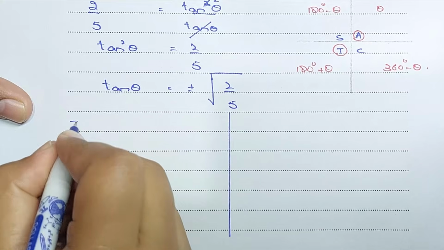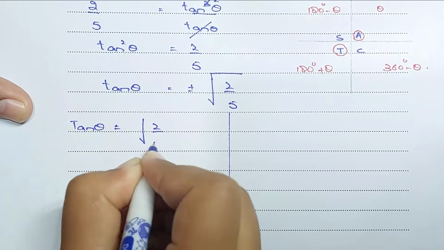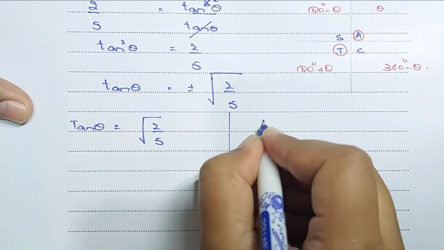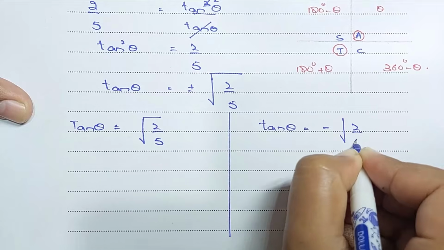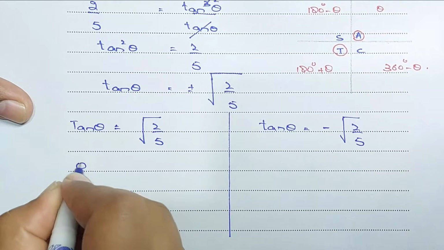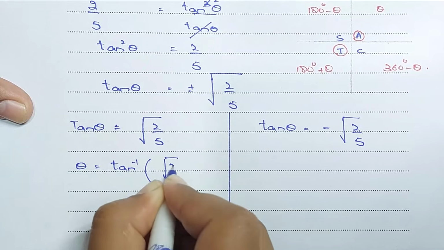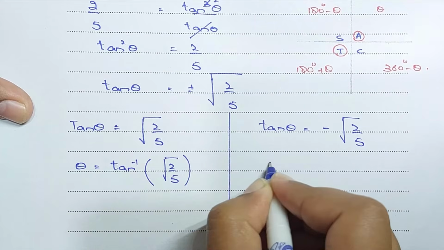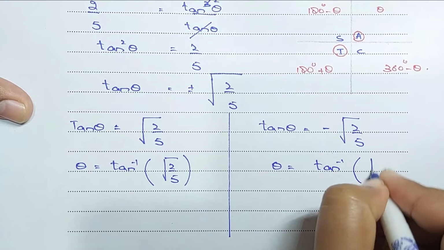So in the first case, tan theta is equal to square root of 2 by 5, the positive one. And in the second case, tan theta equals negative square root of 2 by 5. All right. So theta equals tangent inverse of root 2 by 5, and here theta equals tangent inverse of negative root 2 by 5.